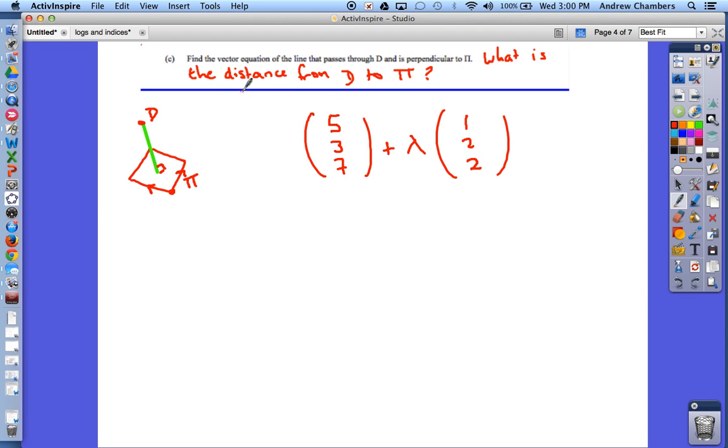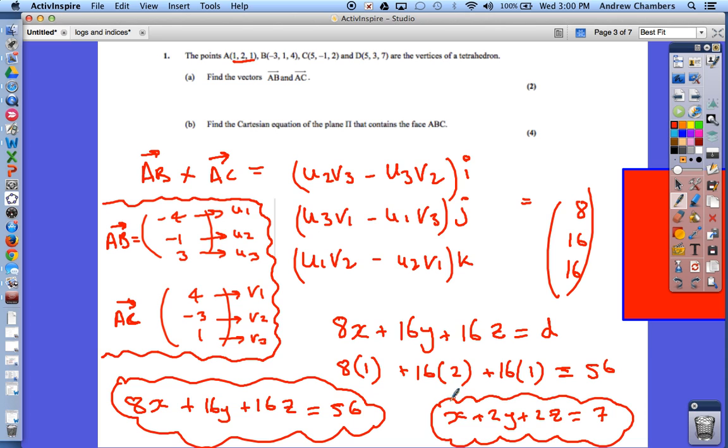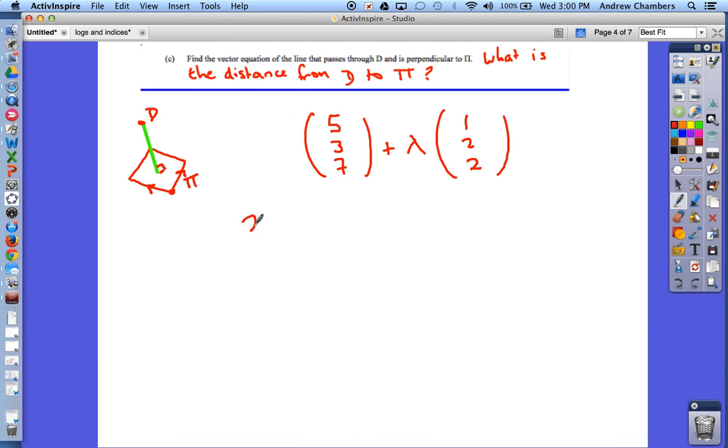The second bit is what is the distance from D to the plane? The way to do this is to remember the equation of the plane as before: x + 2y + 2z = 7. I substitute the line in.